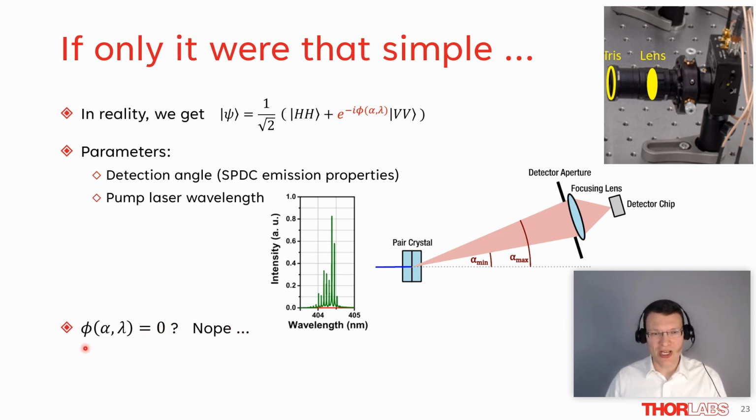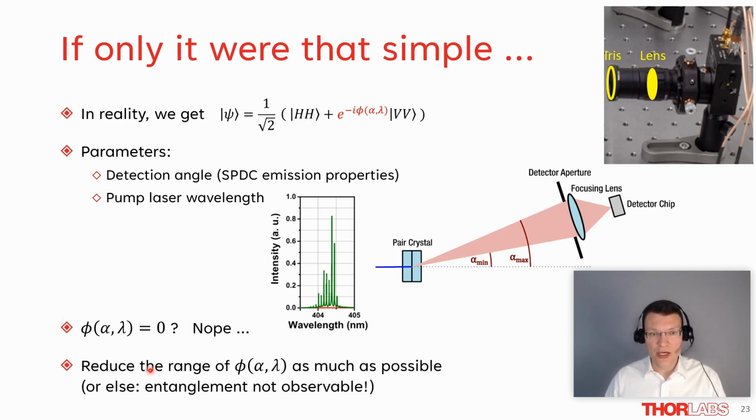Crucially, what you have to understand is you still never get to zero phase delay for all pairs that you are measuring. So in practice, you have to reduce the range of those phases as much as possible. You're always going to collect pairs with different phases, but you have to reduce that phase range as much as possible, or else your entanglement will not be observable.